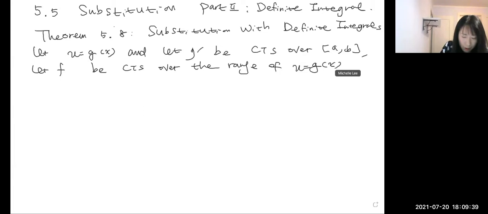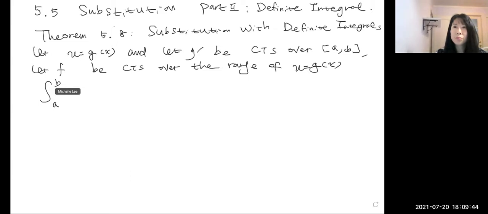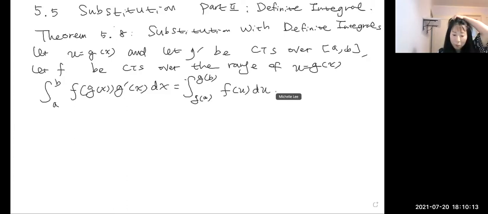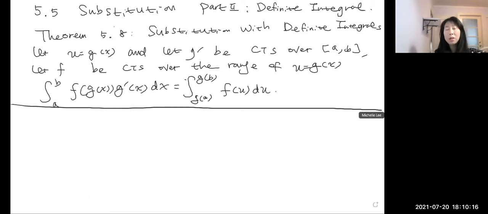Then we have the integral from a to b of f of g of x, g prime of x, dx equals the integral from g of a to g of b of f of u du. Okay, so basically we change the limits as well.